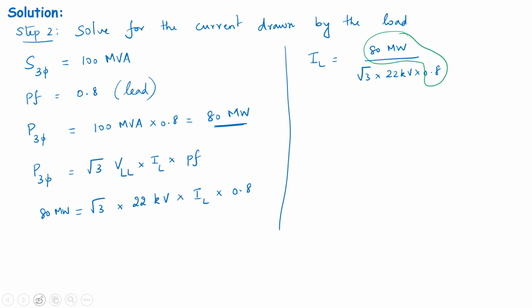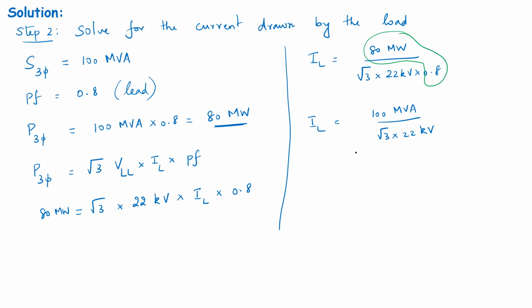So I could have written the line current directly as I line equals 100 MVA divided by root 3 into 22 kV, where 22 kV is the line-to-line voltage. I need not have solved for the real power at all, because real power divided by power factor is apparent power, so I could have used this expression directly without going through these steps.